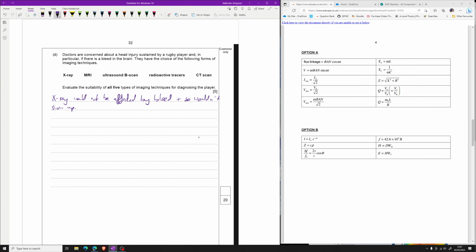MRI will show this. So yeah, okay, soft tissue, isn't it? So MRI will show blood and brain, and so it could be used.